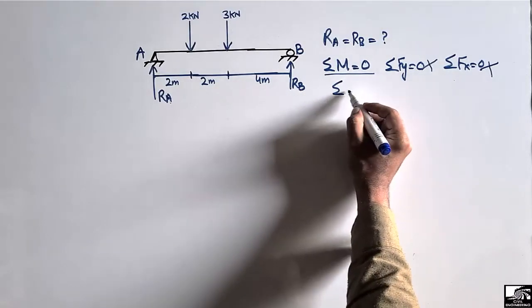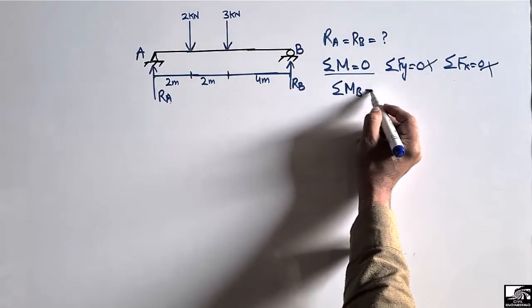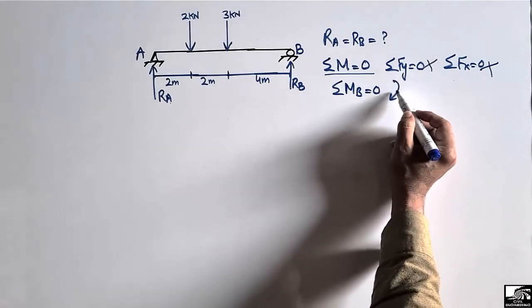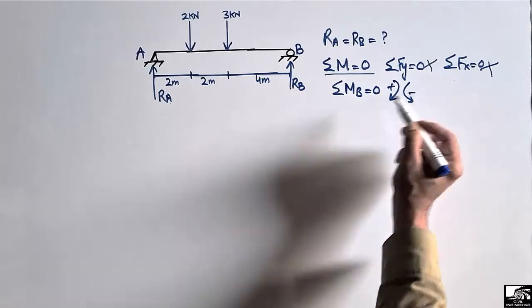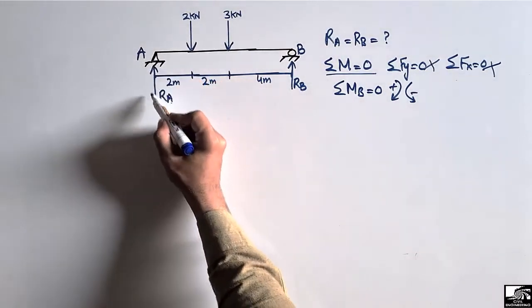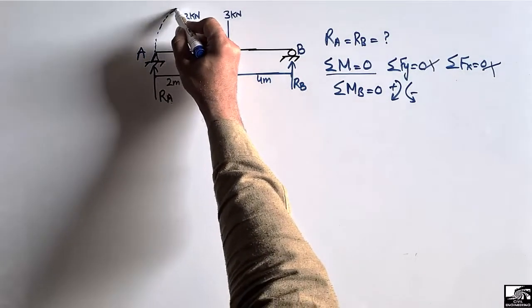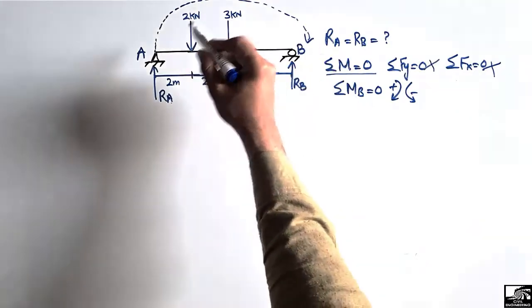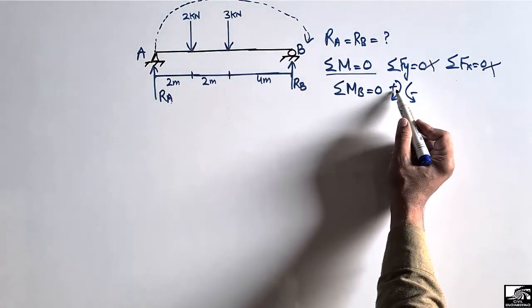So let's consider the summation of moment at point B equal to 0. Let's consider that the clockwise moment is taken as positive and the anti-clockwise moment is taken as negative. Now RA is acting in upward direction, and this will create the moment in a clockwise direction about point B, so it is taken as positive.